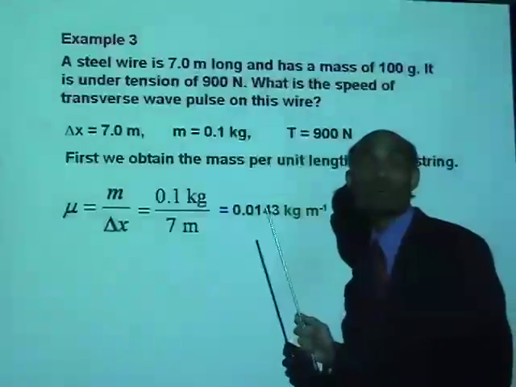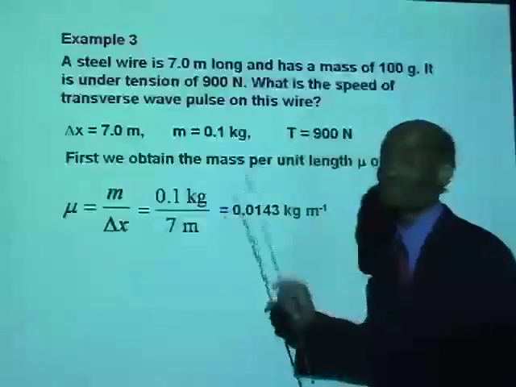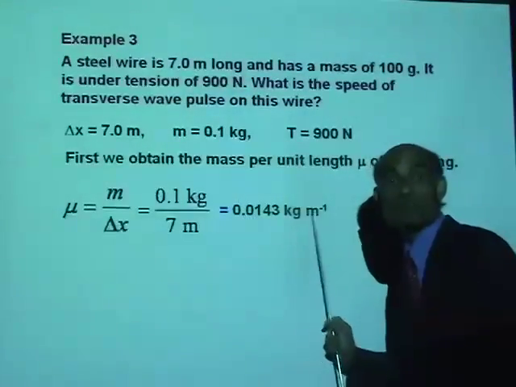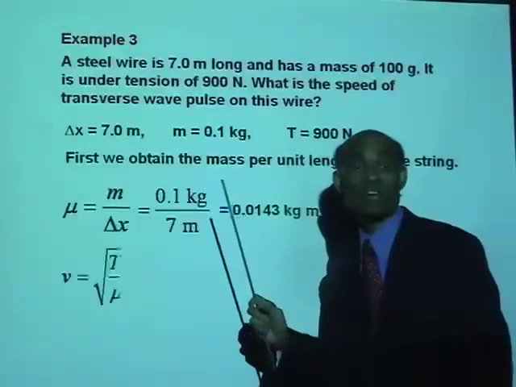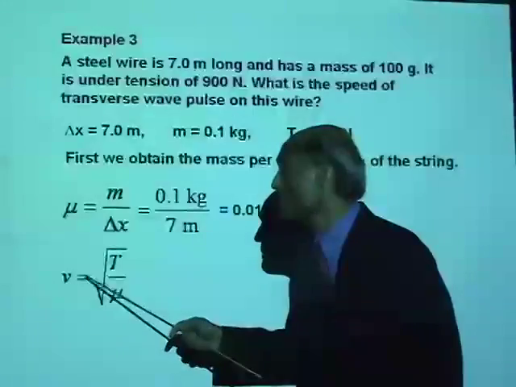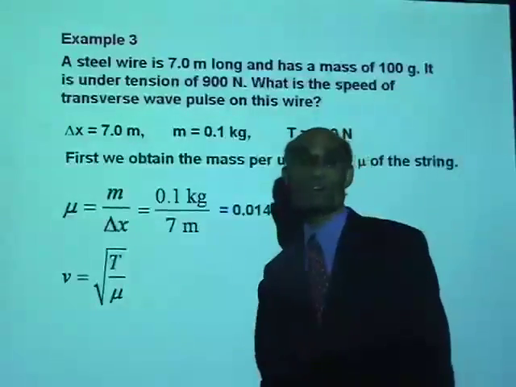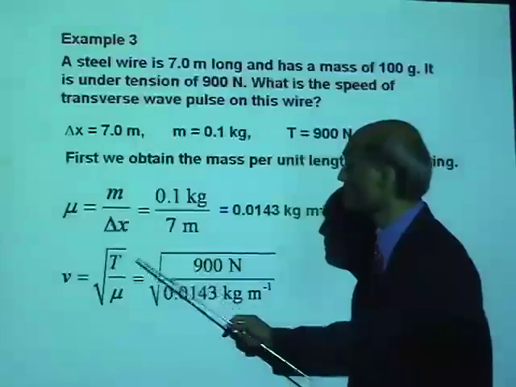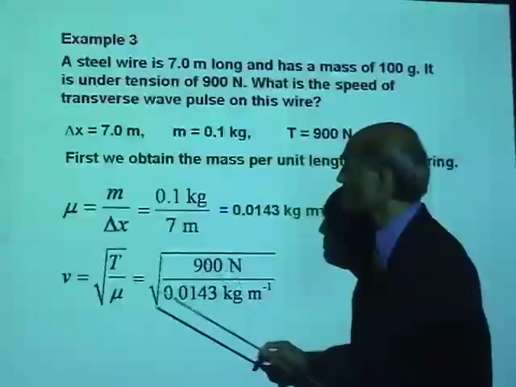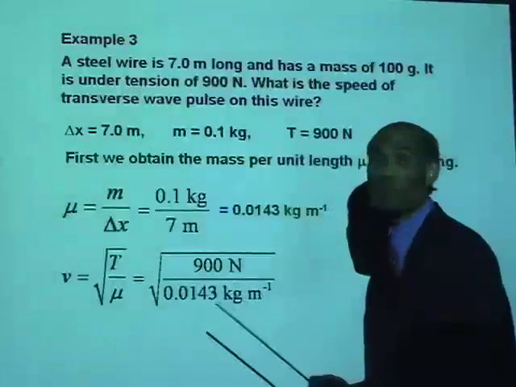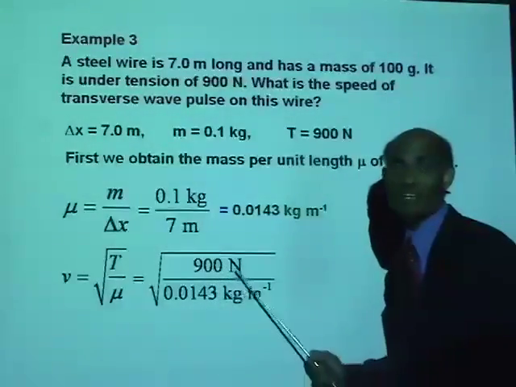That is mu, the mass per unit length. We now have the tension. We have the mass per unit length. Therefore, speed of transverse wave on the string v equal to square root of T over mu. Let's use those values. T is 900 Newton. Mu is 0.0143 kilogram per meter. And calculate that.